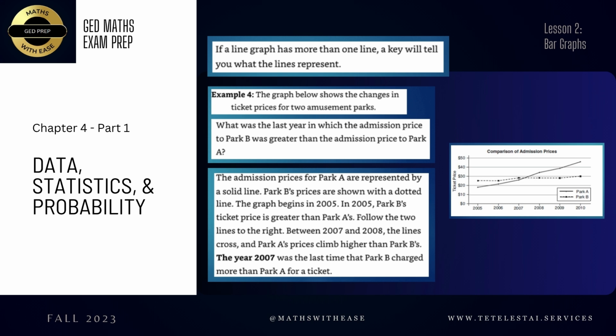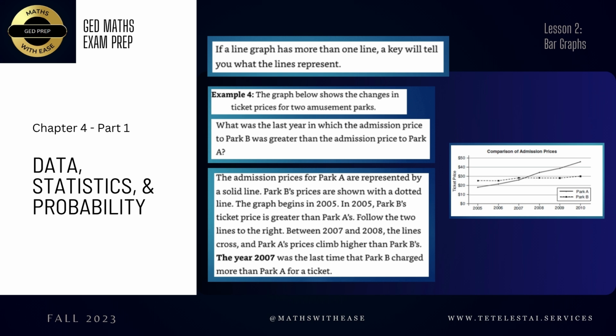Park B's ticket price is greater than Park A, and we determine that by just looking at the location of the graph. We determine that since Park B's graph is higher than Park A's graph, then the prices for Park B must be higher than the prices for Park A, right? So we're just using logical reasoning here, okay? So then you want to follow the two lines to the right, as I showed you earlier, right? We followed the lines.